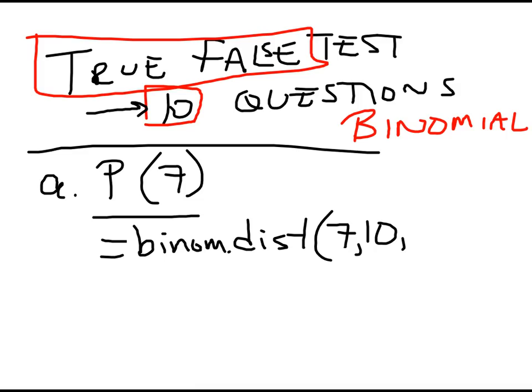This is a true-false test, so the probability is 0.5 for any particular question if we randomly guess. And we're not interested in cumulative, we're interested in just 7, so we put in false, close parentheses, and hit enter. The answer that we should get is 0.1172, or thereabouts.